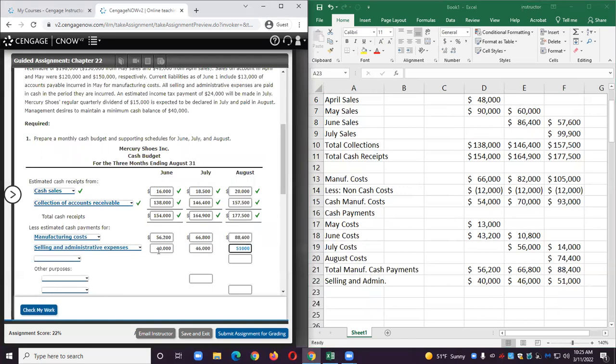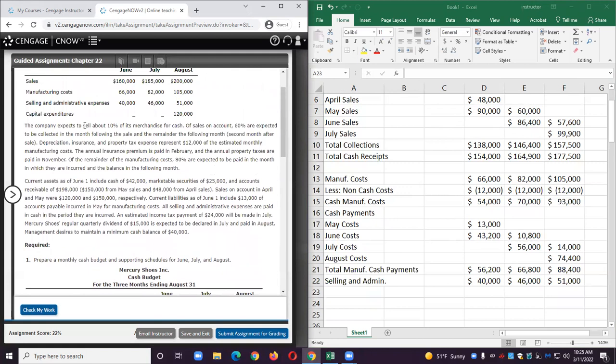The only reason I'm doing them in my Excel spreadsheet is because I'll have to do some math with them in a minute, and it just makes my life easier. And it was only a couple entries. And the other one is it tells us we have a capital expenditure. That means buying equipment or land or a building, something of 120,000 in August.